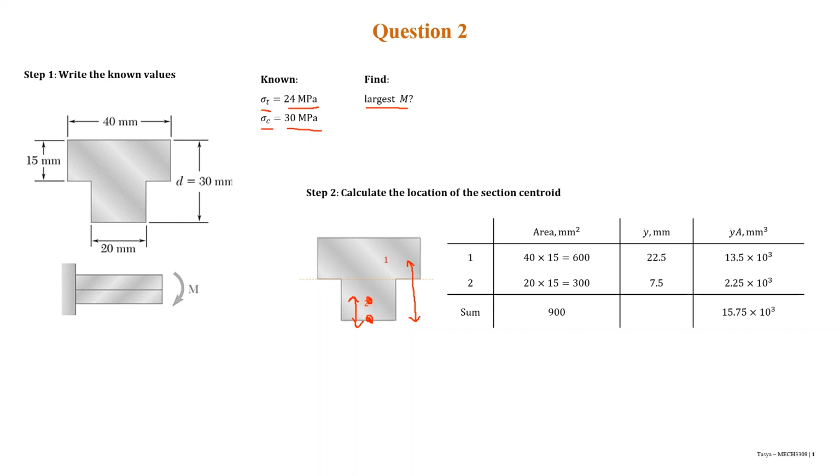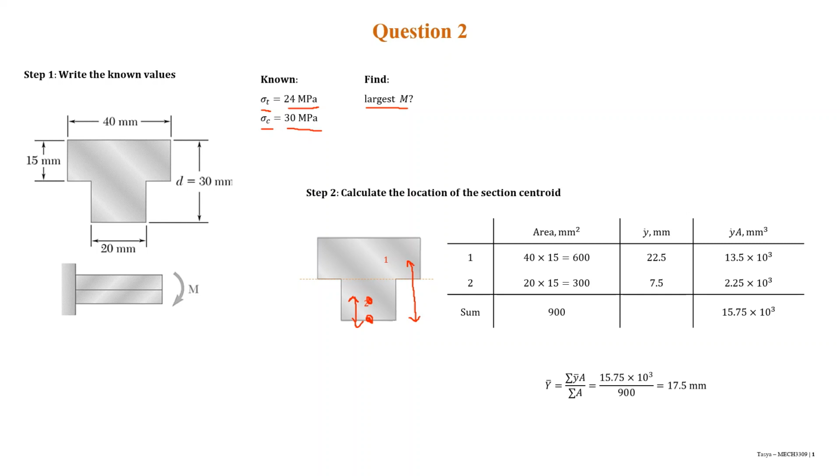So the area for figure 1, we know that the base is 40 and the height is 50 here, and the area is just multiply those numbers. The same with figure 2, and for y is just measure the benchmark here, and then we have to multiply y and area, and then we have to sum up the area and y times area.